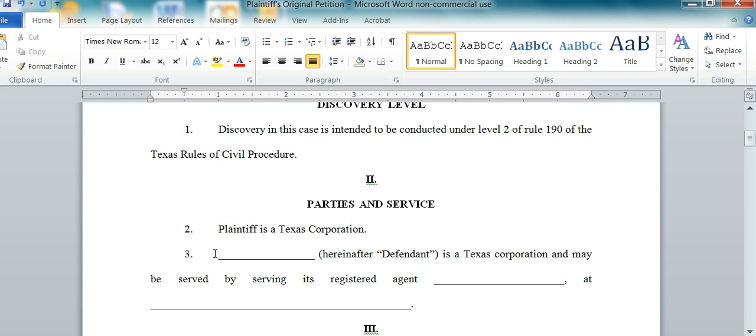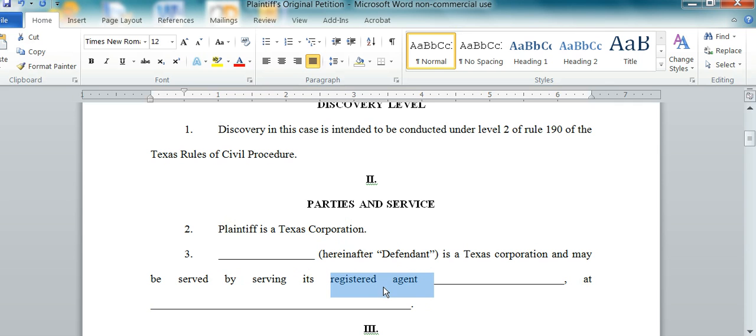In this particular case, this is a collections case. It involves a corporation that purchased goods and didn't pay for them. And so in this case, it identifies the defendant as a Texas corporation. And in Texas, you serve corporations through their registered agents.